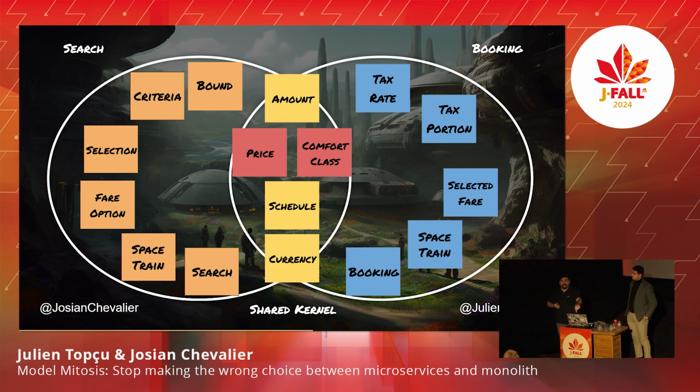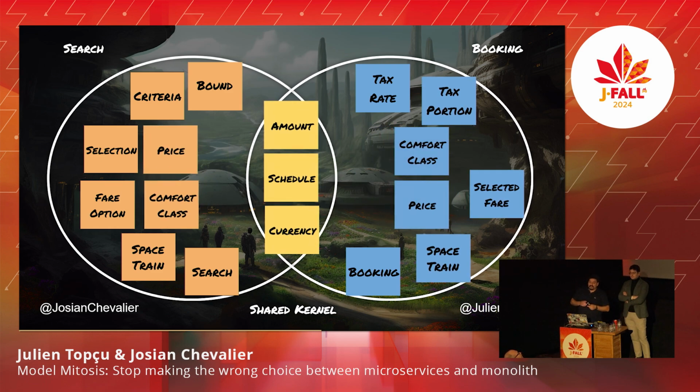But we cannot put it there. Otherwise, we will contaminate the shared kernel with booking concern, and we will couple the search with the booking through that shared kernel. So it's now time to specialize those concepts in a way that their version of the booking are the only one having the tax portion computation. Nice. So now our shared kernel has been shrinking. That's pretty cool.